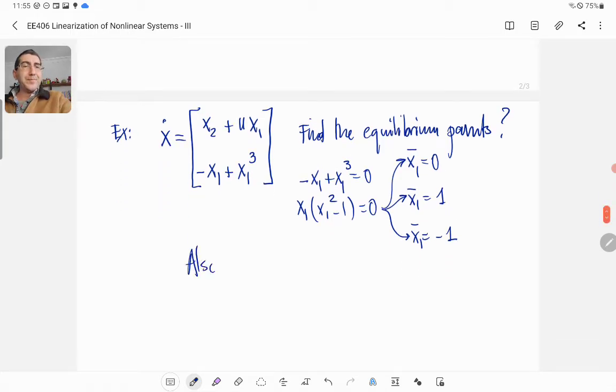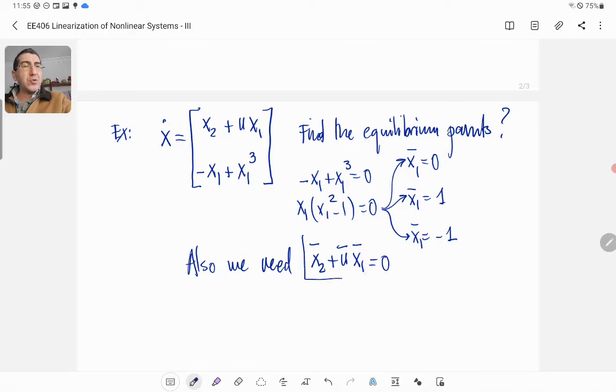Also, the first function needs to be equal to 0. So I will also need x2 bar plus u bar times x1 bar equal to 0.